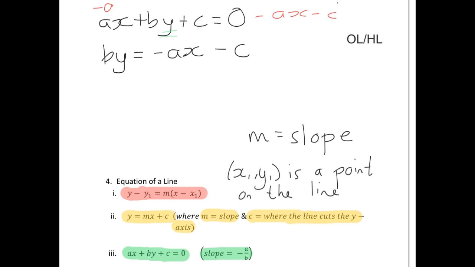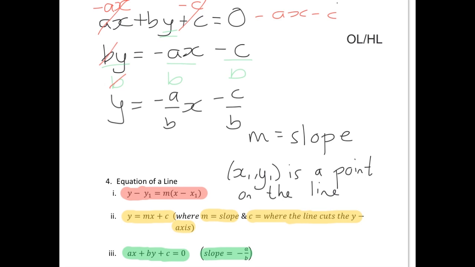And if we do that over here, we would end up with some cancellation happening. So we just have by is equal to minus ax minus c. And now if we divide both sides by b, on the left hand side our b's would cancel, leaving us with just y is equal to minus a over b times x minus c over b.